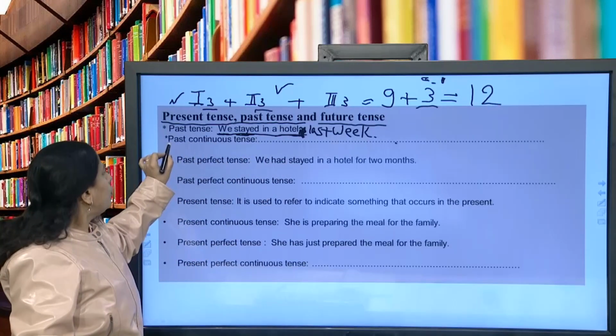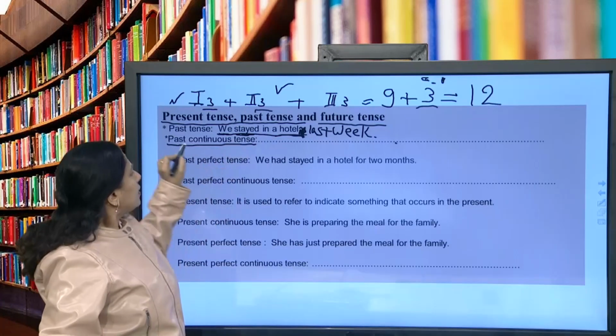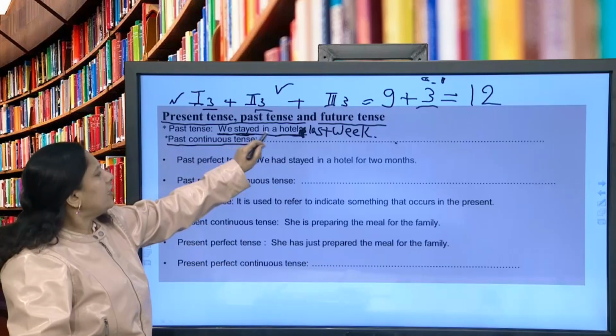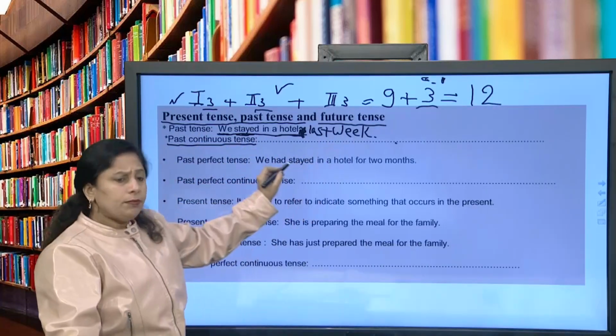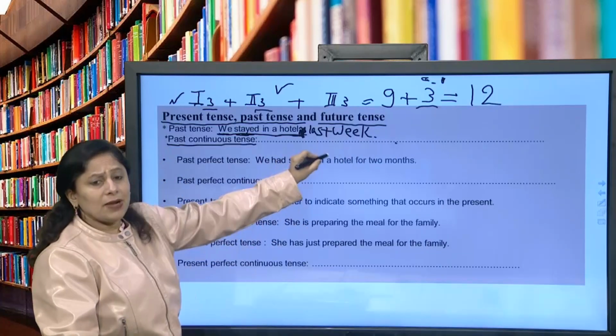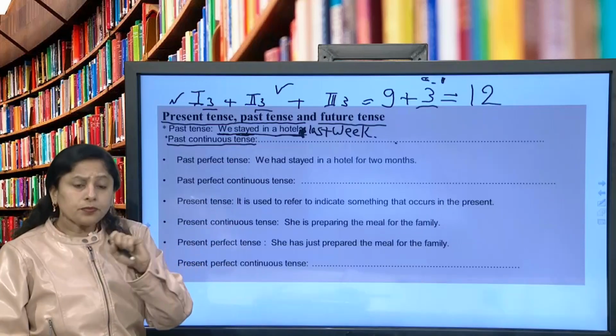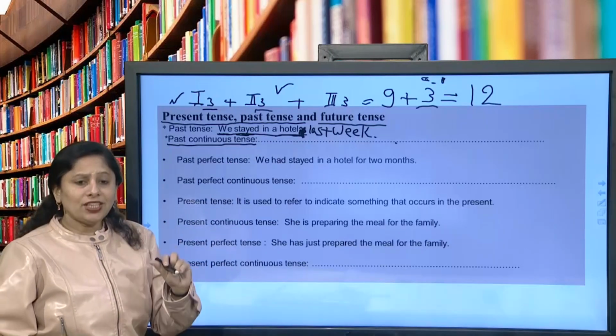Now let us go to the past continuous tense sentence. The same sentence, we stayed in a hotel last week, could be written over here in this blank area, writing the same sentence with a view to the past continuous tense.